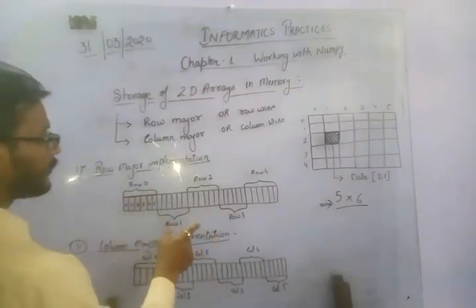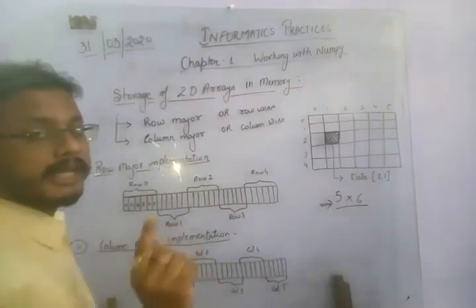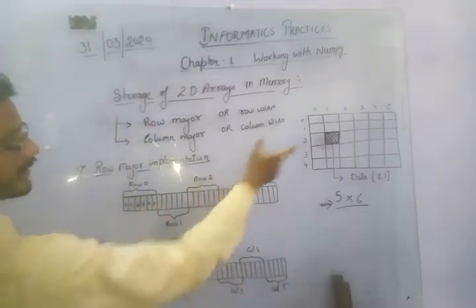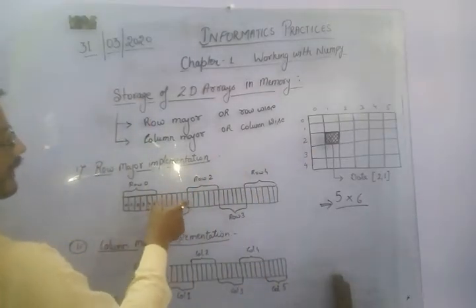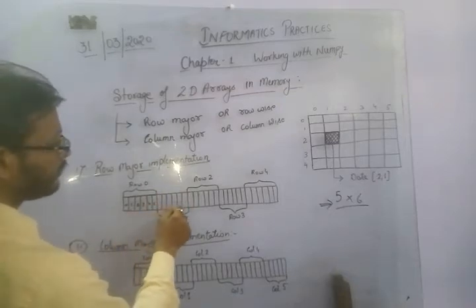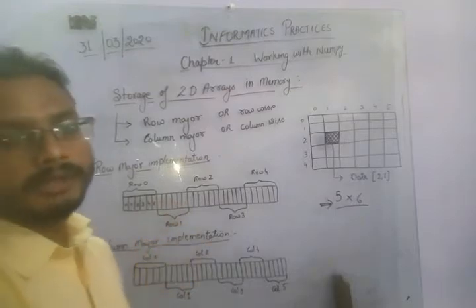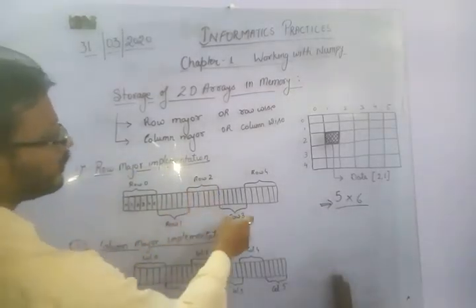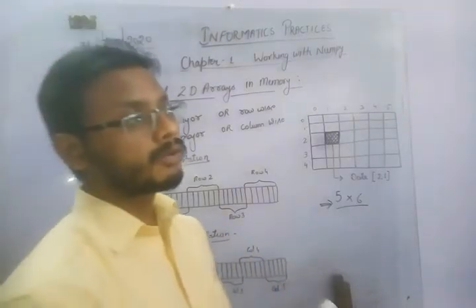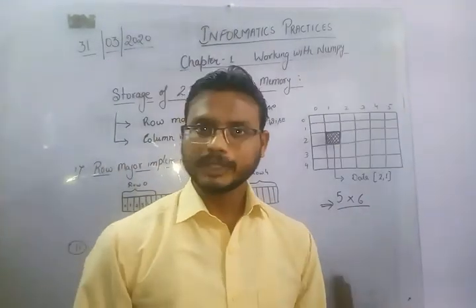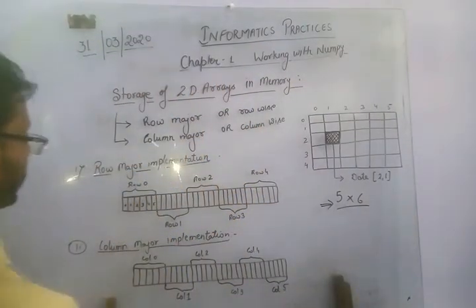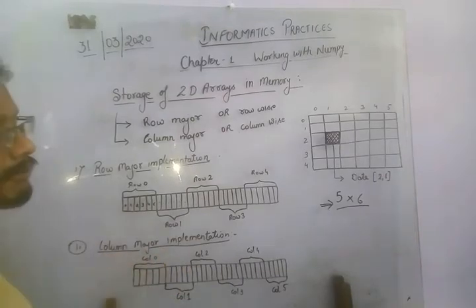Similarly for the second row, that is the row with index value 1, we have put it next to row 0, that is 0, 1, 2, 3, 4, 5 with all the index values of the column. Similarly row 2, row 3 and row 4. So this type of implementation where we take the rows in a linear sequence is known as row major wise implementation. Now coming to the next portion, that is column major wise implementation.